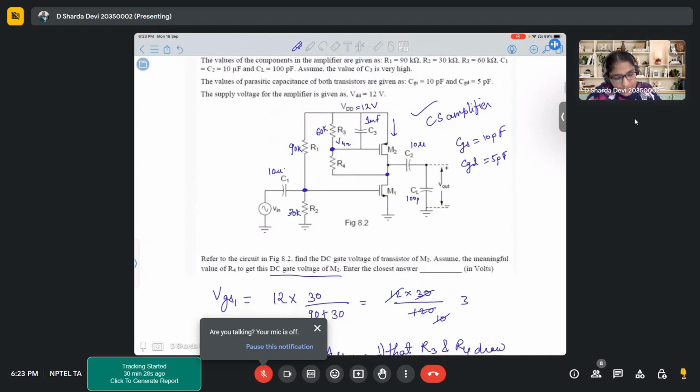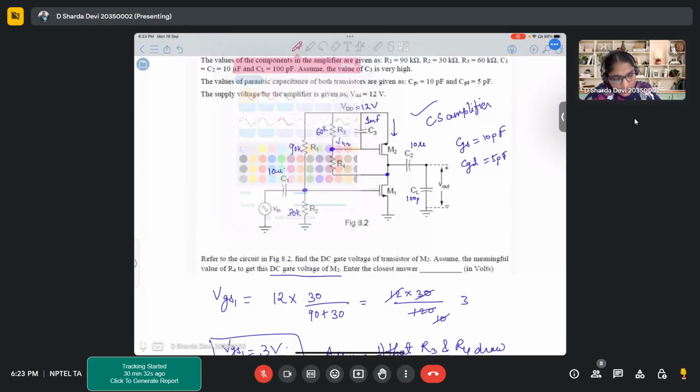Secondly, you can observe that VG2 is this particular point, right? This point is connected to a resistor divider. This point is higher than your ground, so the net voltage across this resistor divider is already less than 12 volts. So how can you get a gate voltage of 12 over here? That is not possible, right?